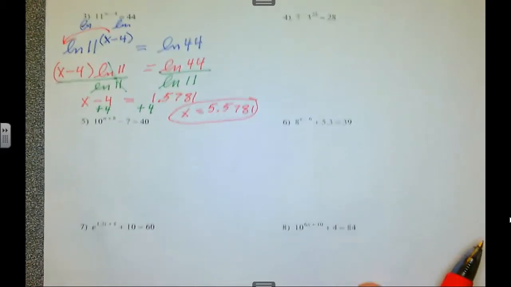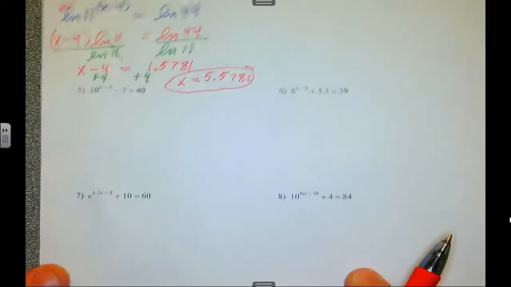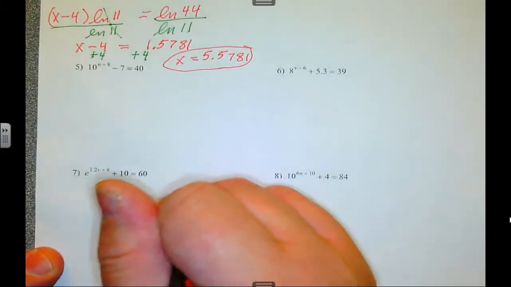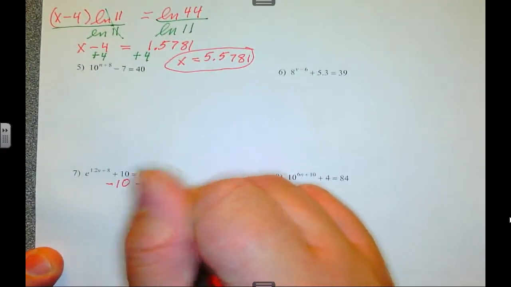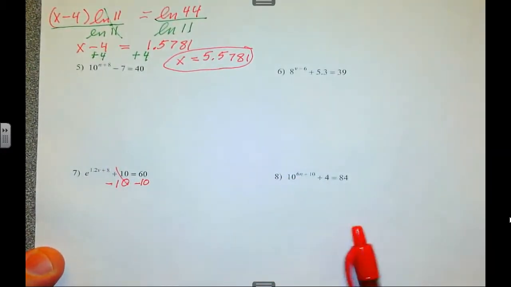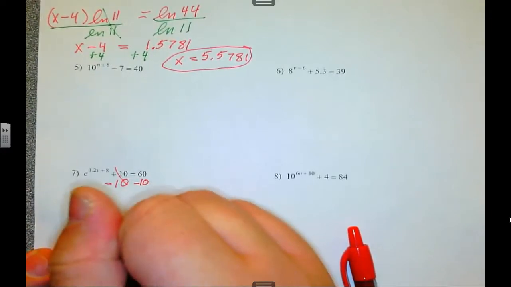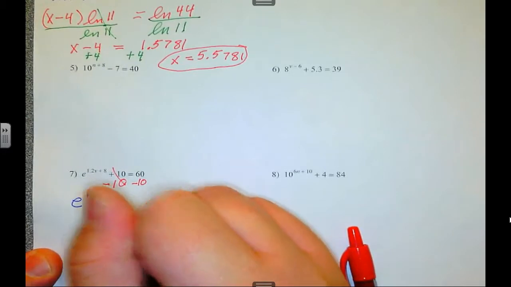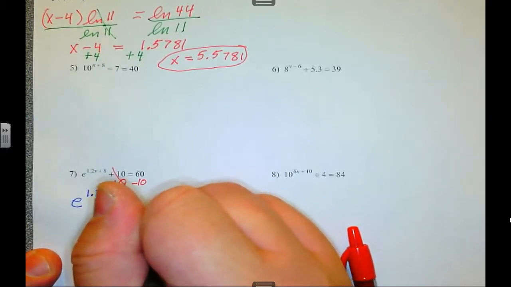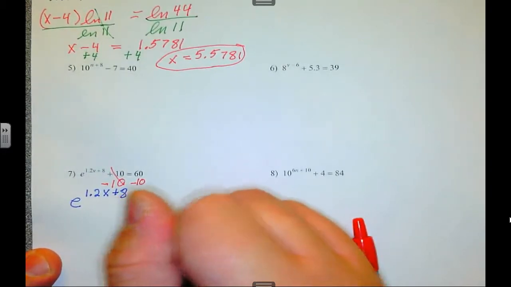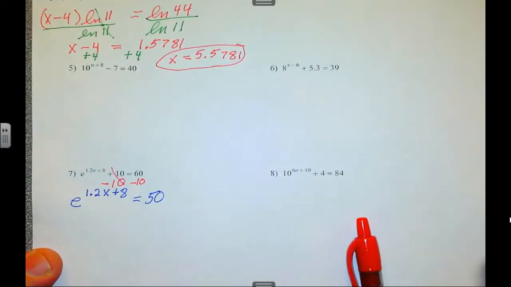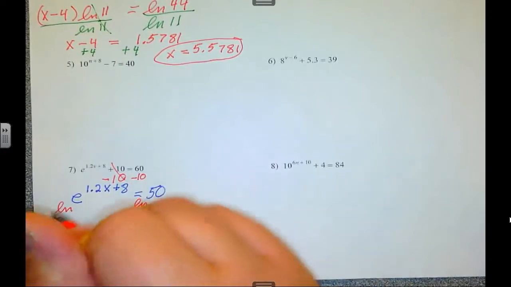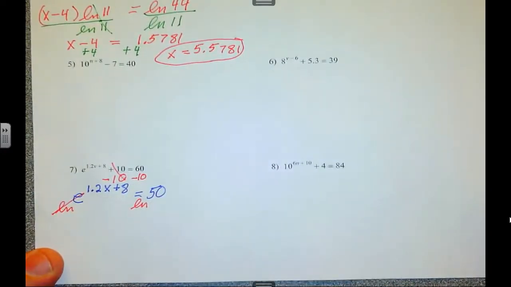Let's see if we can do another one here where that happens. Let's try number 7. Subtract 10 from each side. I get e to the 1.2x plus 8 equals 50. Nope, this is going to be a straight ln problem.